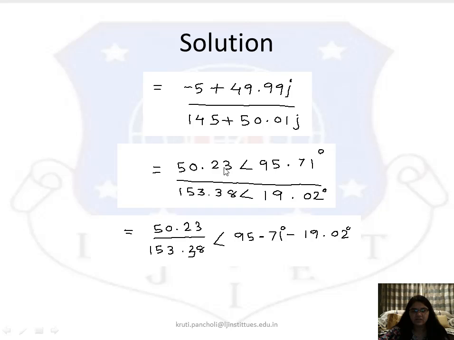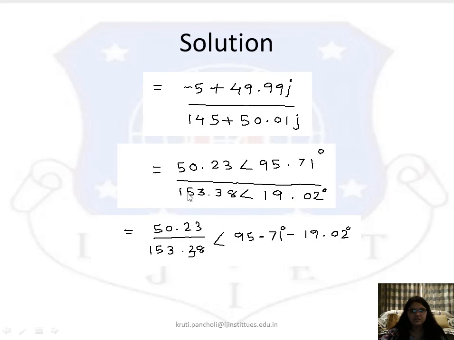Then this is the angle. In some calculators, pressing shift and tan inverse gives this answer, and in some calculators you press alpha tan inverse. You know that the magnitude is the square root of a square plus b square, and the angle is tan inverse b upon a. Similarly, we can find it for the denominator.